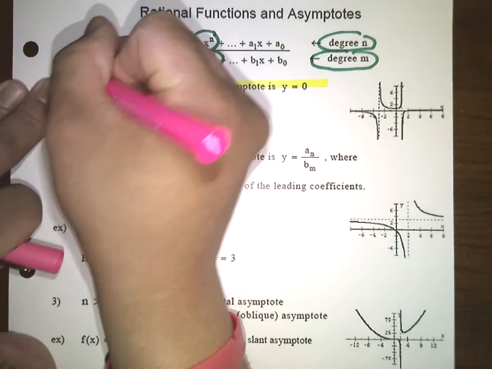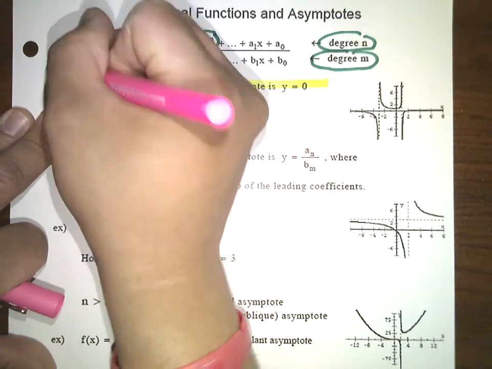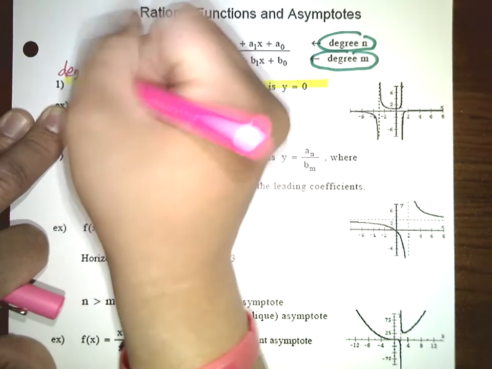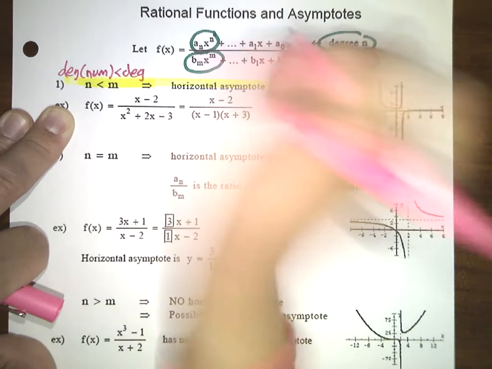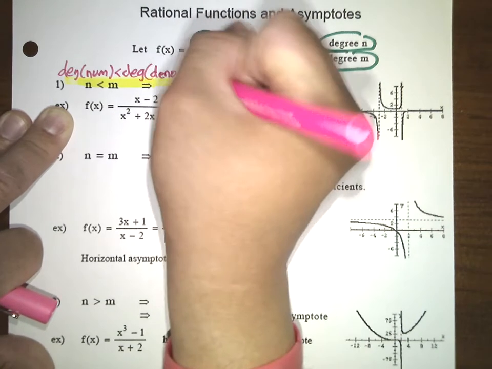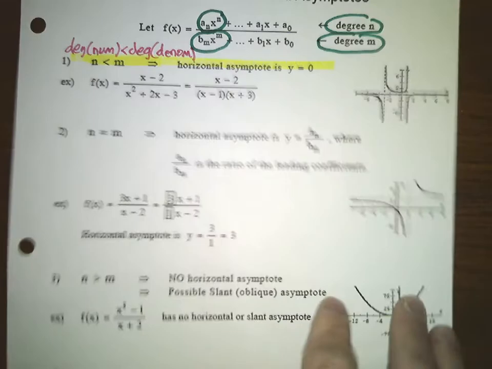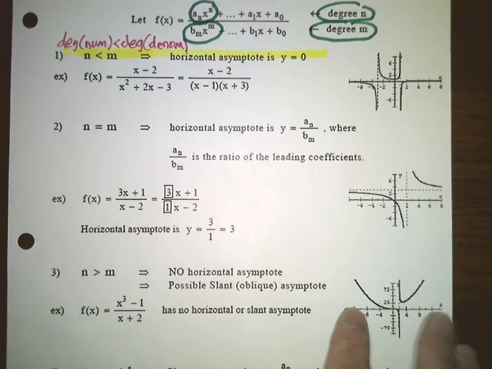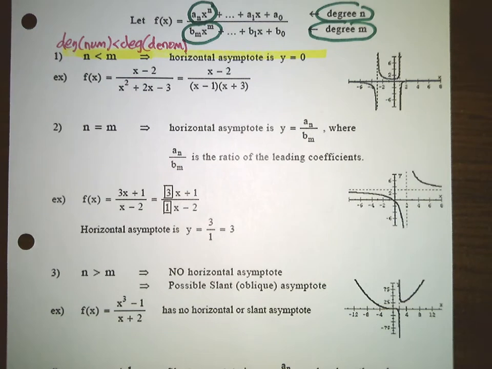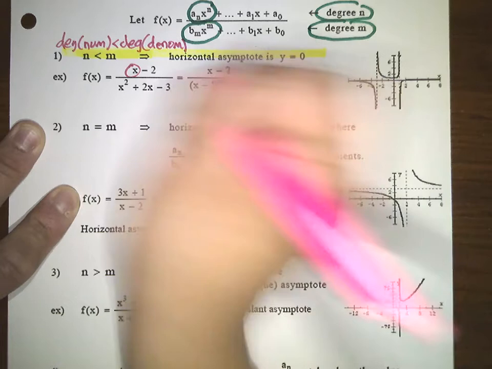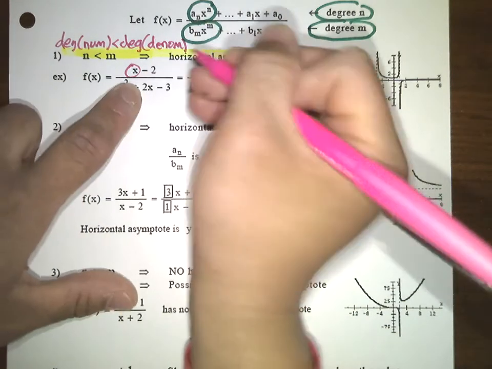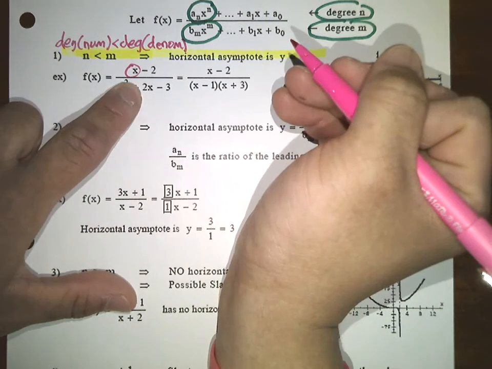I usually forget which one is which, so I just put degree of the numerator is less than degree of the denominator, so that I don't forget. So if you look at the example here, you see that the degree of the numerator was 1 because it's just the first power here.